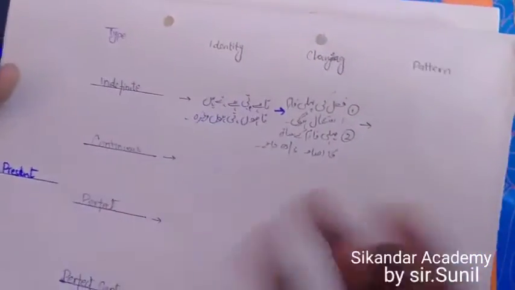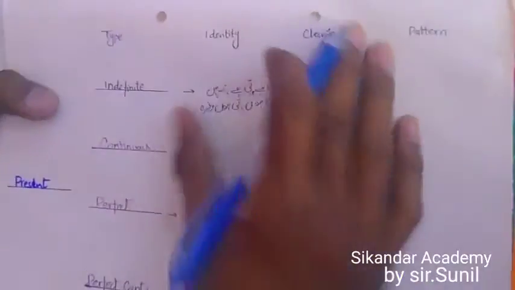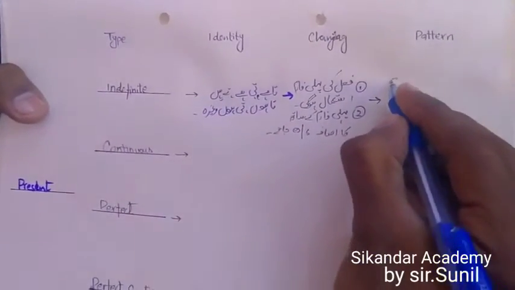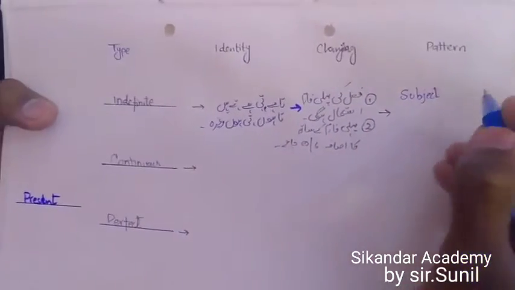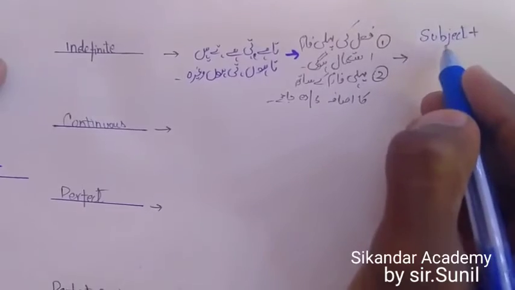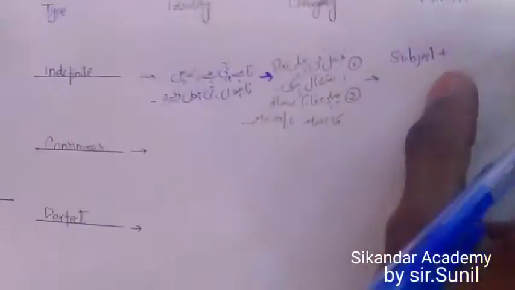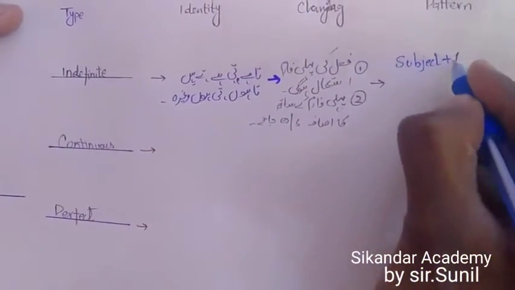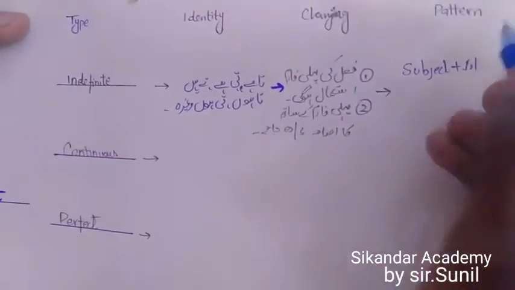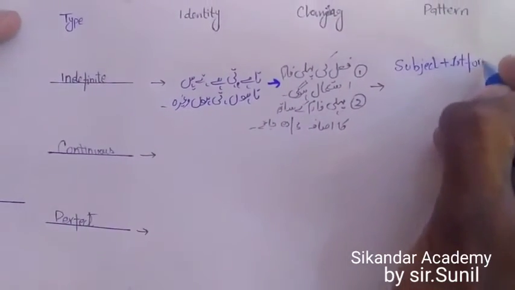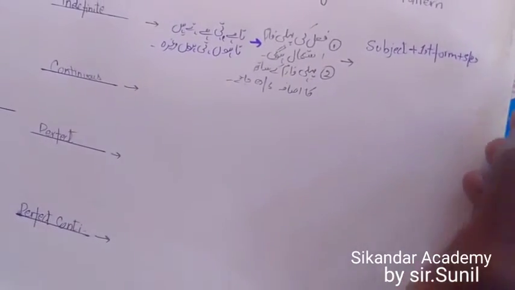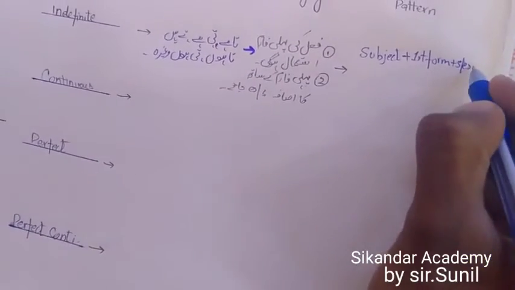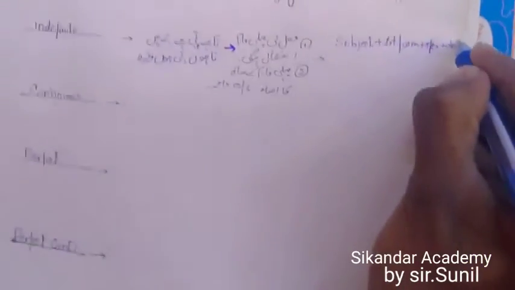Then the next step is the pattern. Now my dear friends, first of all we have to write the subject at the start of our sentence. As I said, the first part is subject, then the first form of verb plus a little addition of S or ES, then the object.